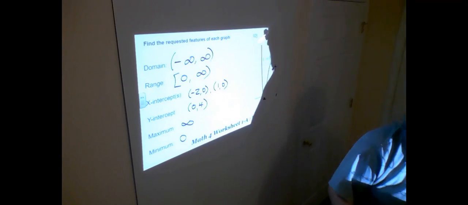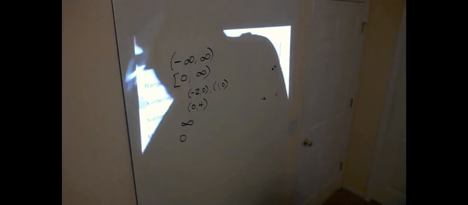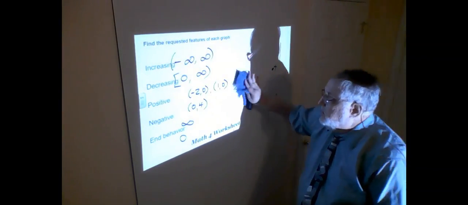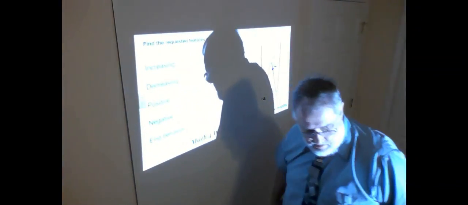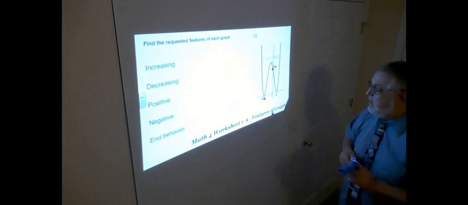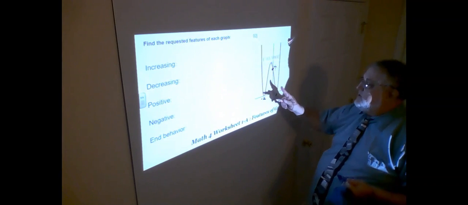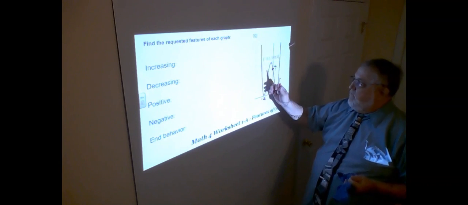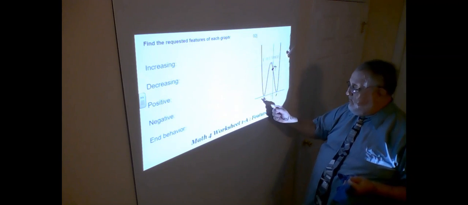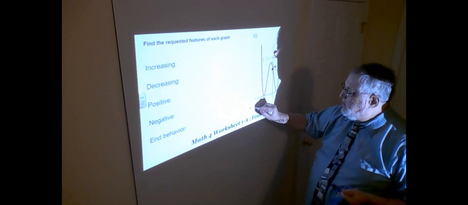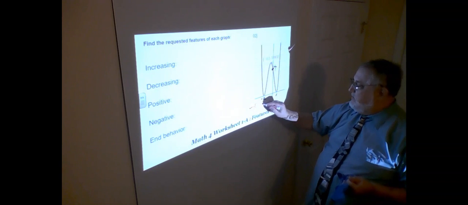Okay. Then we move on to the next one. We get to the increasing and decreasing. Now here, it is decreasing from negative infinity all the way up to -2.